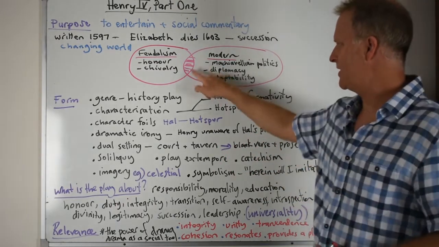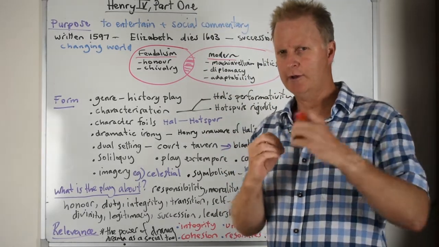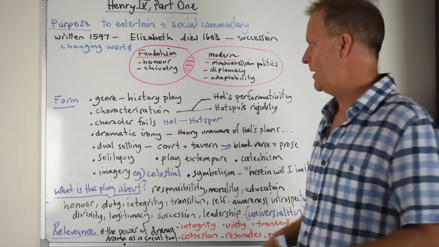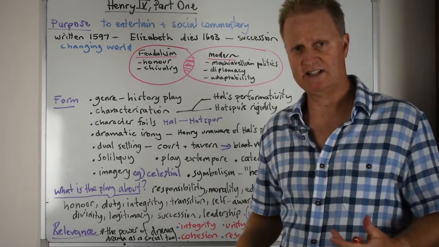So they're in a period where there was some crossover, that you don't want to let go of the traditions of the old, but you want to be able to be progressive and move into the modern world. And Elizabeth was very successful at doing that.